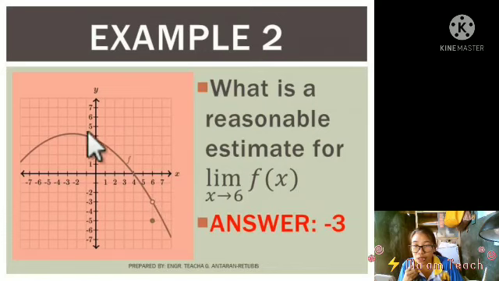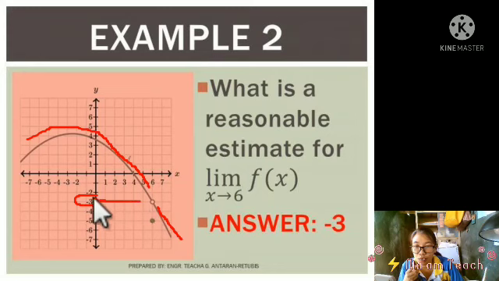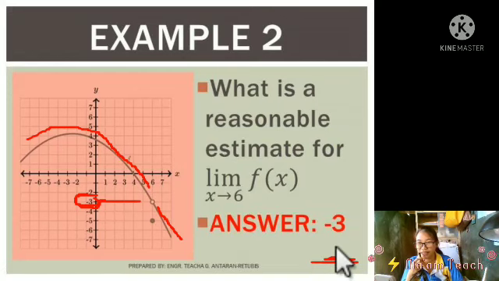If we approach x from the top, what is the value of y? It is negative 3. If you approach it from the bottom, it is still approaching negative 3. So therefore, class, our answer is negative 3. Simple as that.